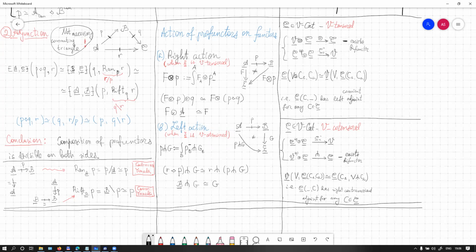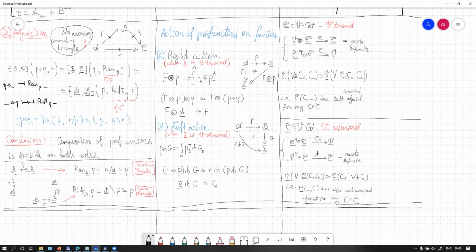In other words, I would say that my composition, so P composition, is left adjoint to right Kan extension, and my other composition Q is right contravariantly adjoint to rift Q, and here is a blank.